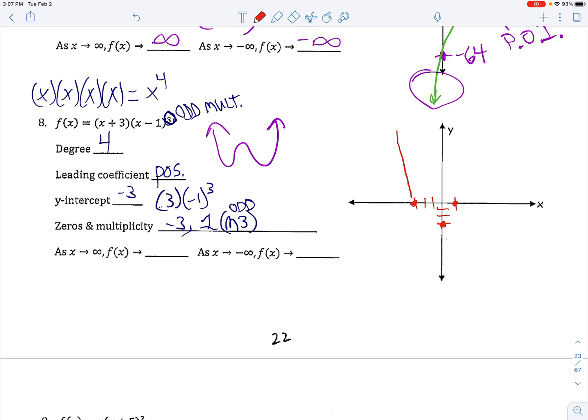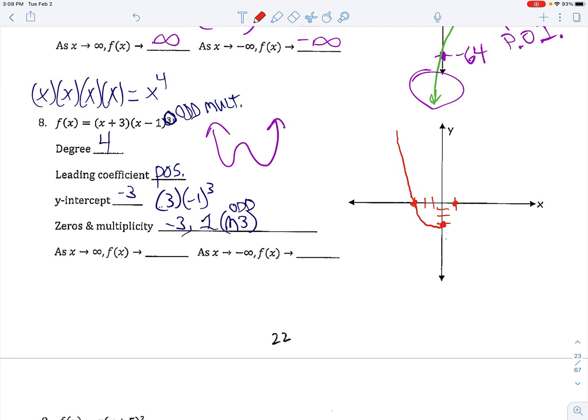All right, so we're going to start up here in quadrant 2. It's going to come down to that root, negative 3. And once again, at negative 3 you want to see, is there any multiplicity there? If there's no multiplicity, that's a simple root, meaning it goes straight through. So it's going to go straight through here, then to the next point, which is the y-intercept, right there at 0, negative 3.